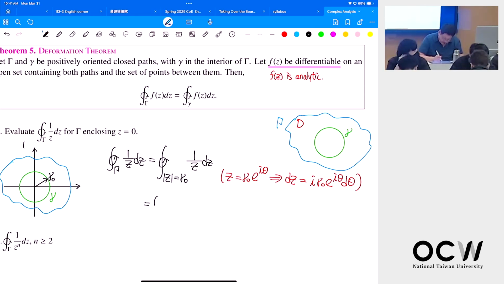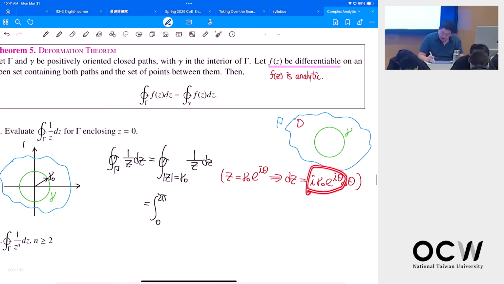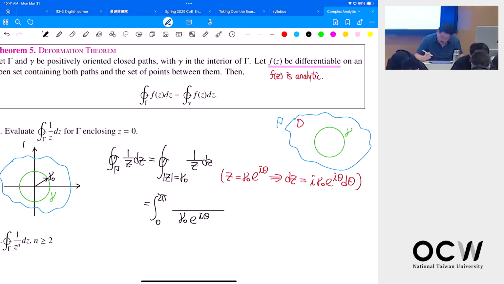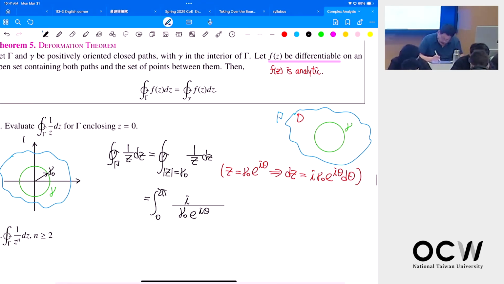And 1 over z is 1 over gamma naught e to the i theta, and dz is i gamma naught e to the i theta d theta.